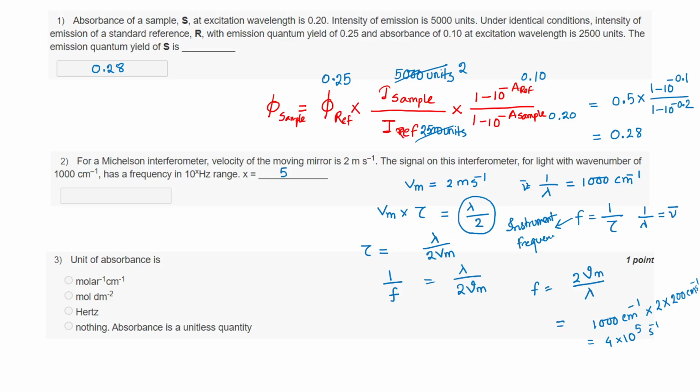I told you that the emission spectra we record in a spectrophotometer, suppose I have a coumarin or rhodamine or some molecule. I have an emission spectra.